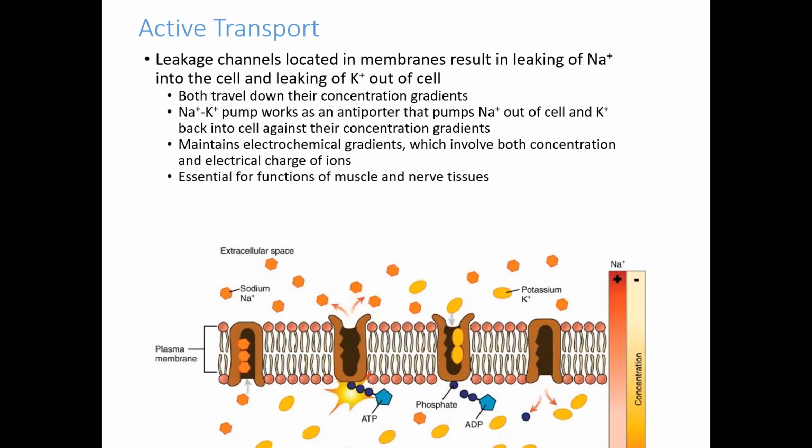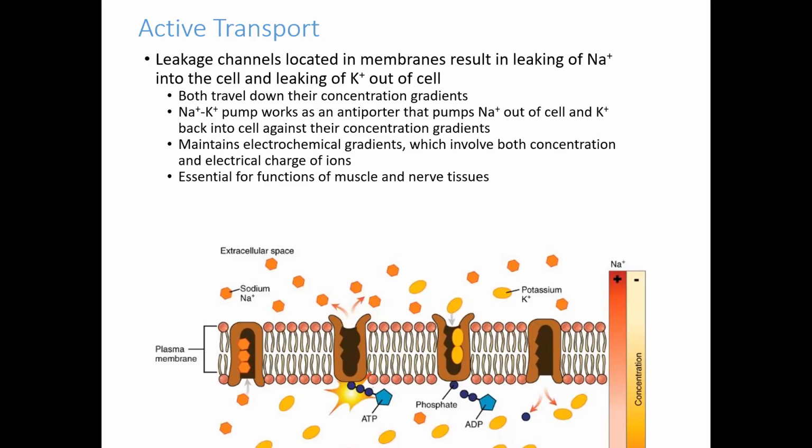Well, the problem with sodium is it's such a high concentration outside the cell, it's always leaking in. There are sodium channels and carrier proteins for sodium that allow it to leak in across the membrane. Potassium is always leaking out. It has its own channel proteins or carrier proteins that will allow it to leak out of the cell.